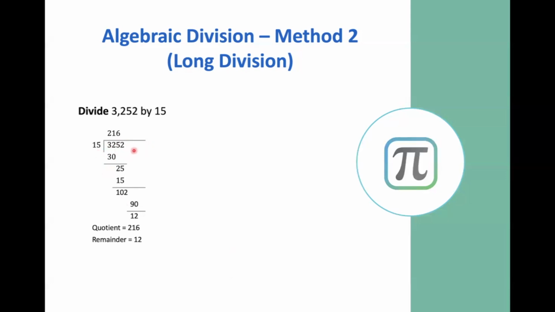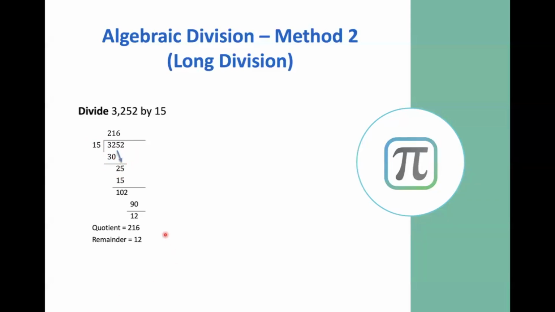We always take the first part of the number and we look for multiples of 15. We have 30 here. If we divide 30 by 15, that gives us 2. So we put the 2 on the top, and then 32 subtract 30, you bring down the 2, and then you bring down the 5, right?